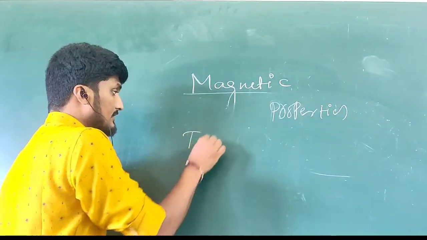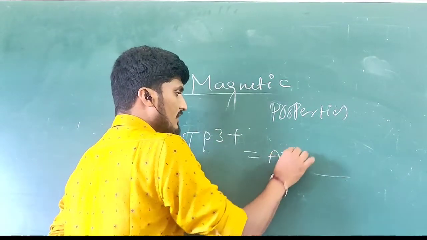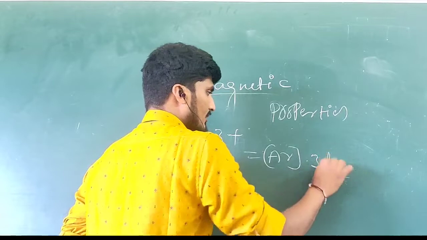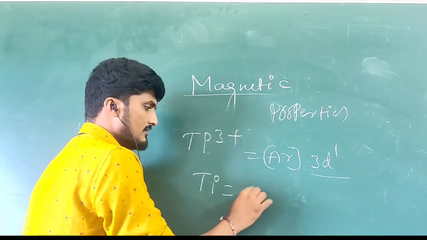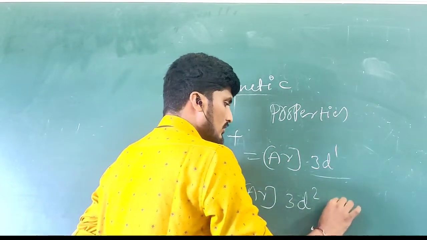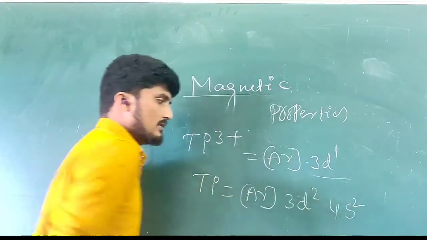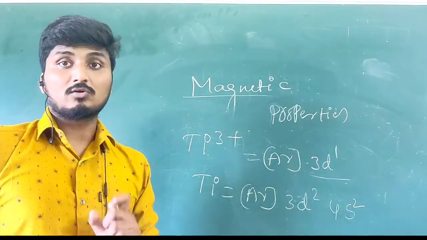Clear? So we take titanium 3 plus. Here the electronic configuration will be argon 3d1. Why? In the last example I already said, titanium is argon 3d2 4s2. So in this, if you remove 3 electrons, it will become argon 3d1. So 1 unpaired electron.